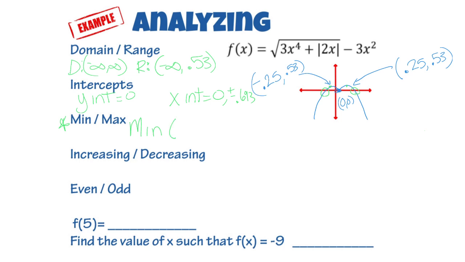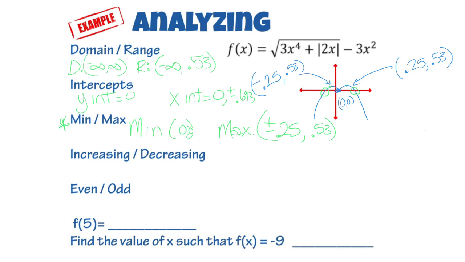So there is a minimum of 0, 0. And then the maximum, I actually have two of them. And oops, I didn't get that other 0 there. Okay, and then your maximum is going to be plus or minus 0.25, 0.53.